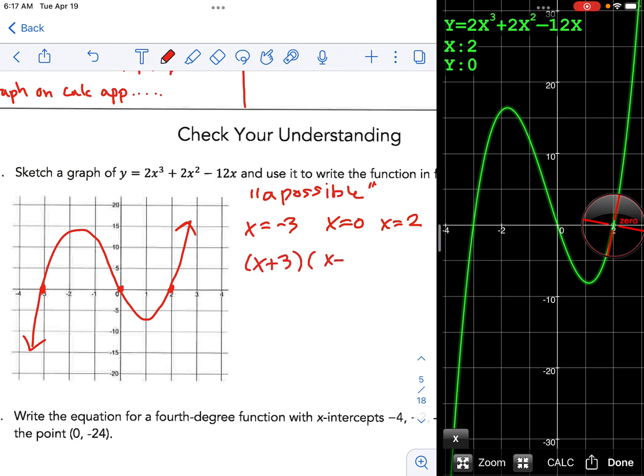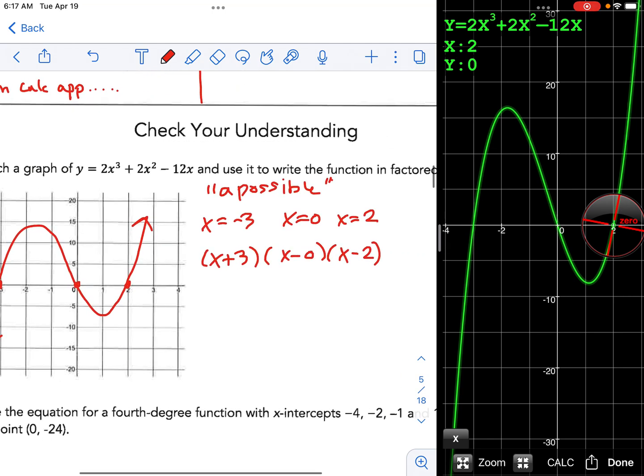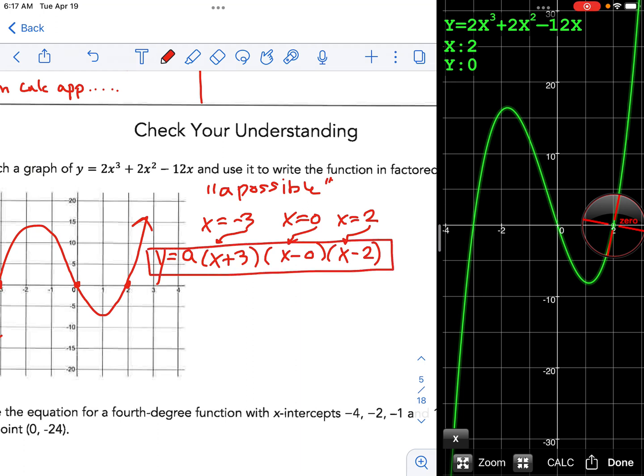And so the factors are going to be x plus 3 and x minus 0, right? Minus is part of the standard form, and x minus 2. In other words, those expressions, when we plug in -3 and 0 and 2, make that 0. And then we're going to keep the a out front, and that's going to be a possible equation.